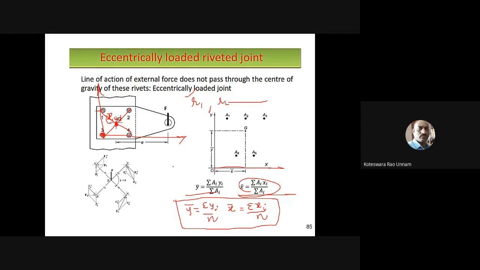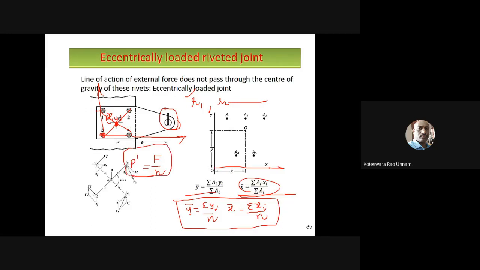Then you need to identify the magnitude of the primary shear force on each rivet. The magnitude of the primary shear force is nothing but the total force applied divided by the number of rivets, F by n. If I take it as F dash or P dash, no problem.